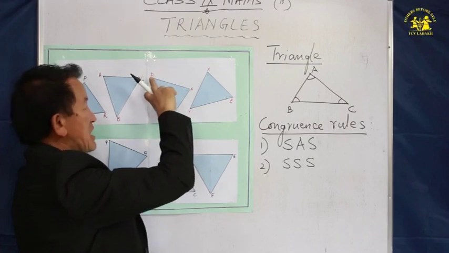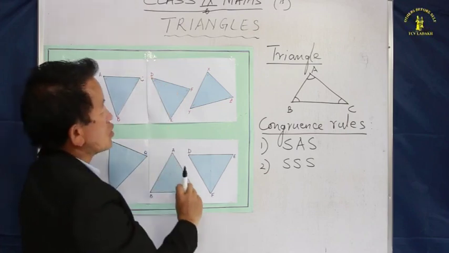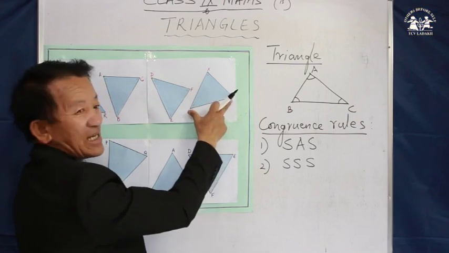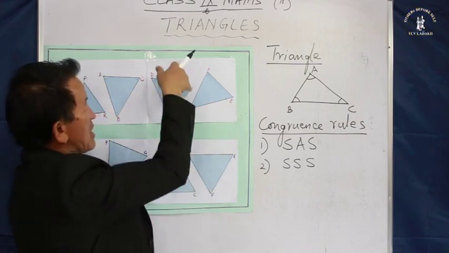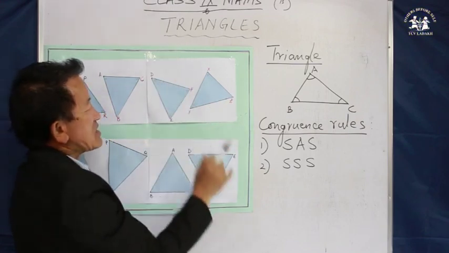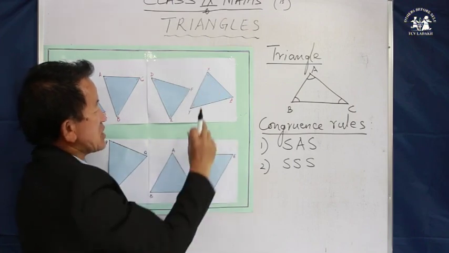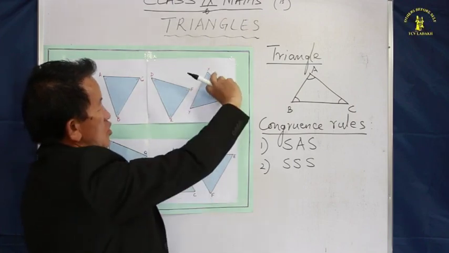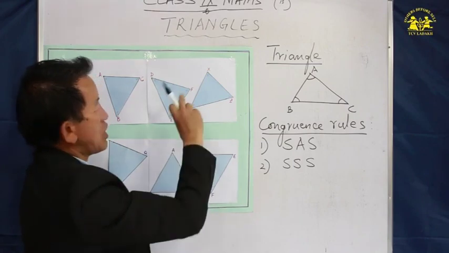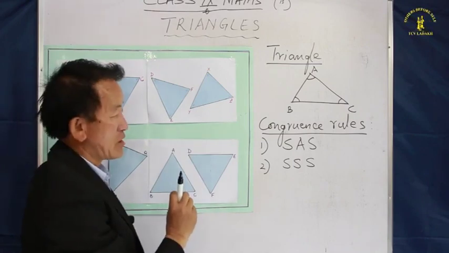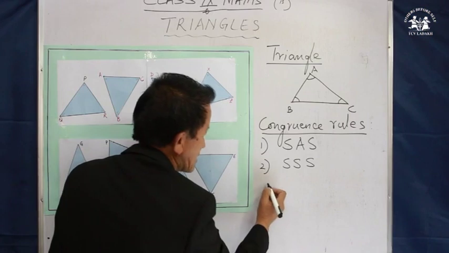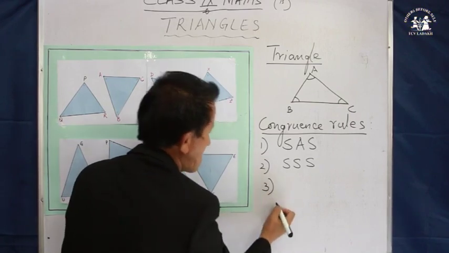So DE is equal to YZ. DF is equal to XY. The smallest two sides are also equal to each other. So side, side, side.